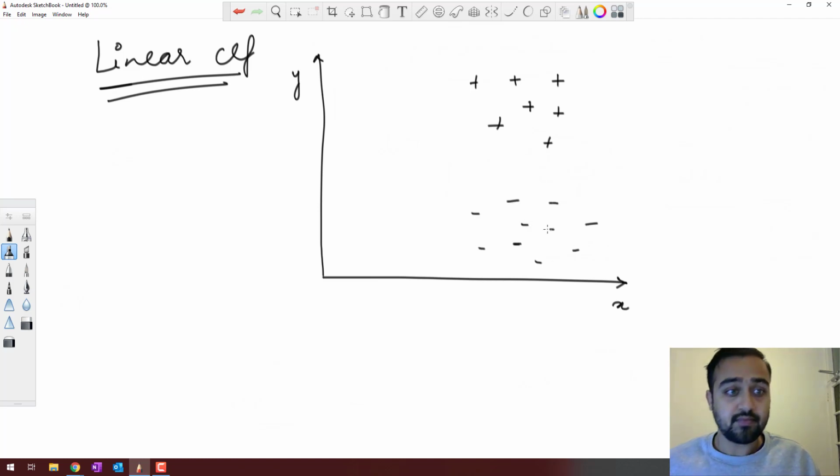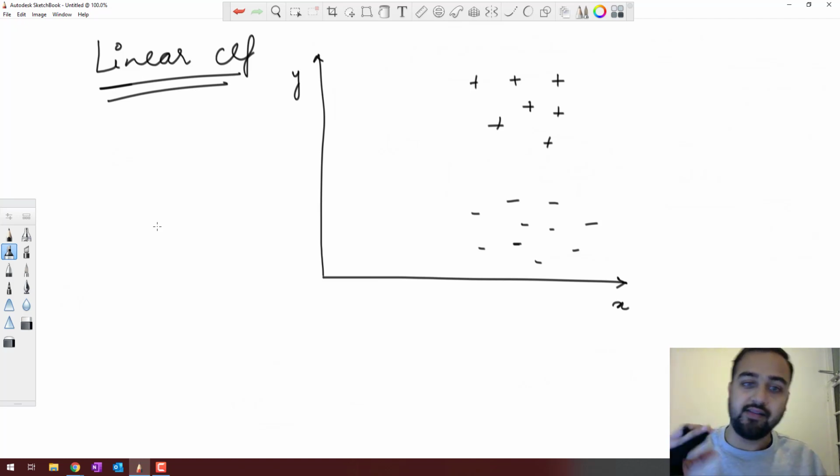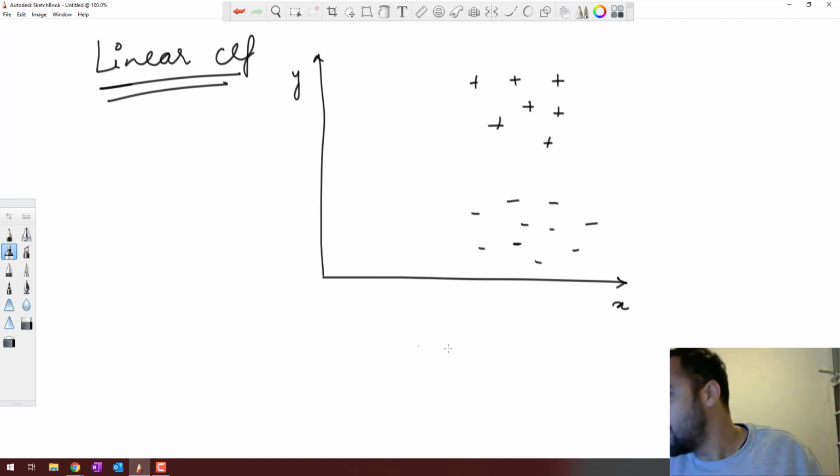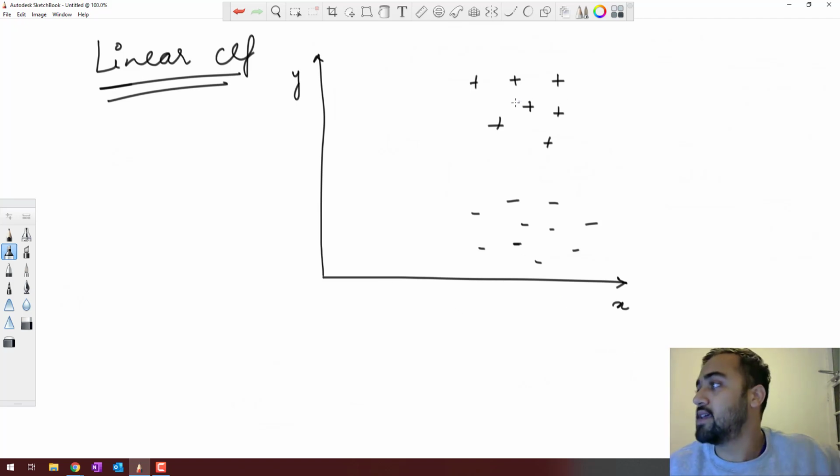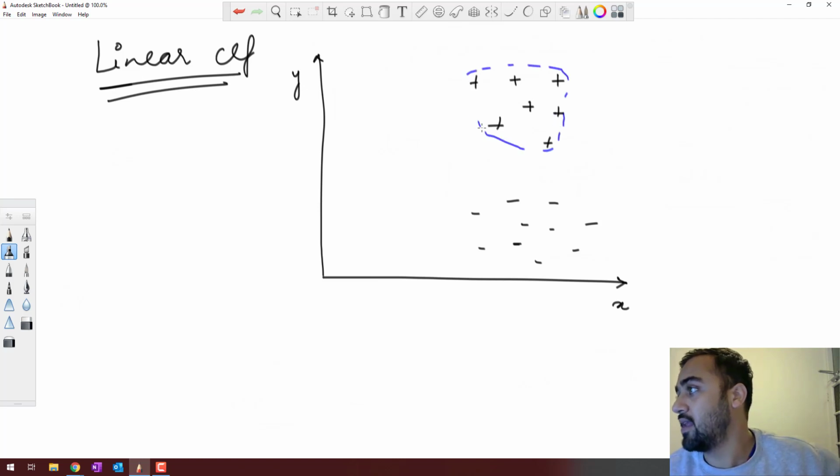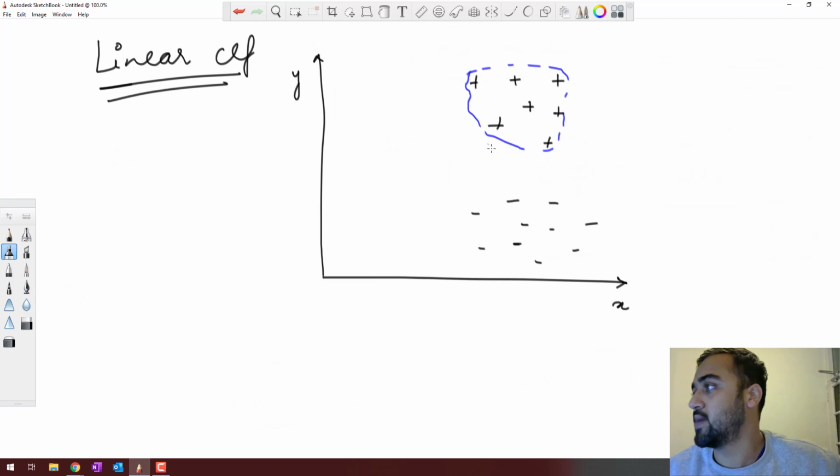Right. So the basic linear classifier will construct a decision boundary by halfway intersecting the line between the positive and the negative center of masses. So what I mean by positive and negative center of masses is, let's say this is a whole class. We'll consider this as one unit and we'll calculate its center of mass. Let's say it lies somewhere here, right?